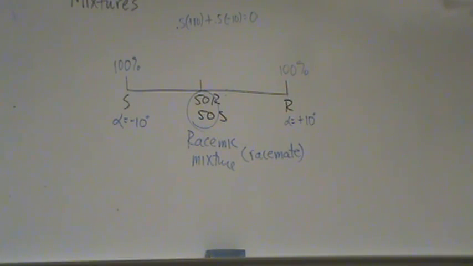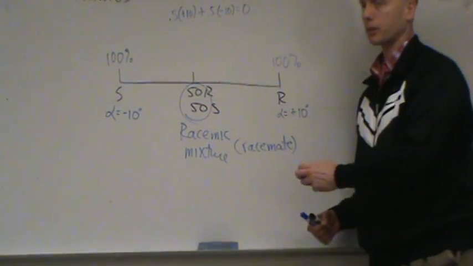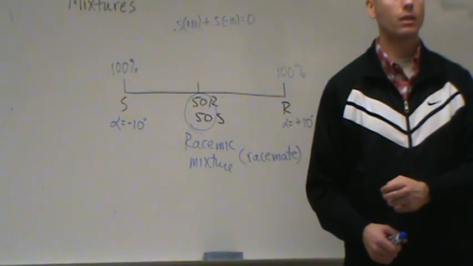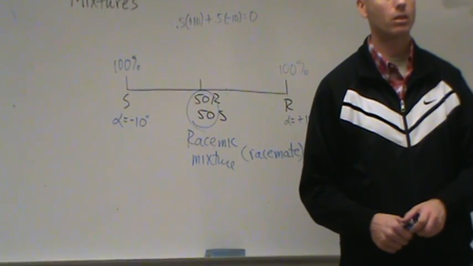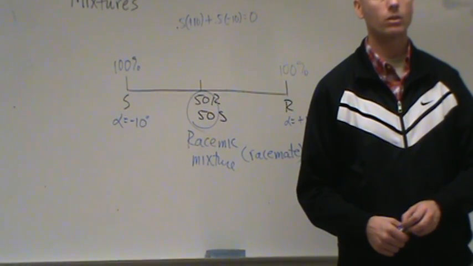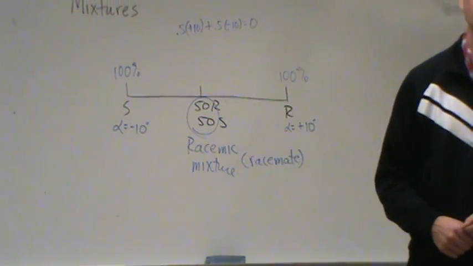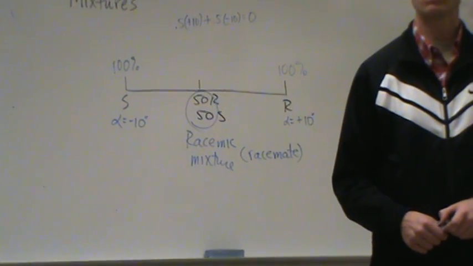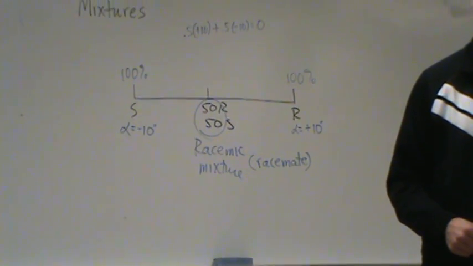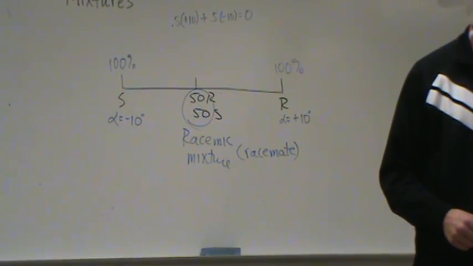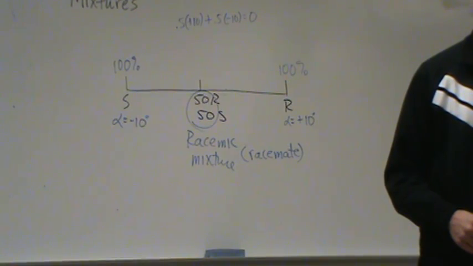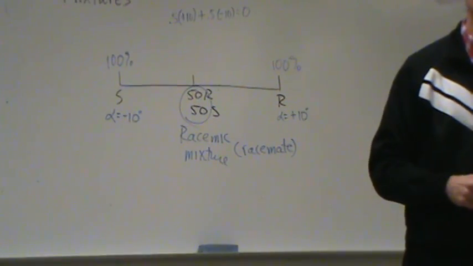Okay, so we've covered a lot, all the way back with definitions of enantiomers, all the way to optical activity, all the way to racemic mixtures, which are what? What's the definition of a racemic mixture? Okay, you guys are getting there.